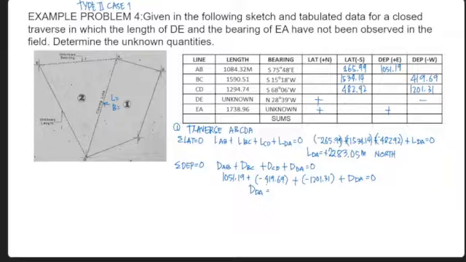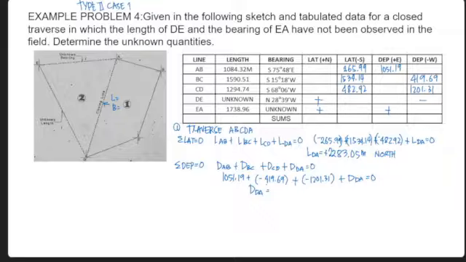So, ayan yung ating sagot. So, let me just copy yung ating mga given para ma-transfer natin to. L is 2523.08 and yung bearing natin for DA is north 14 degrees and 1 minute east.